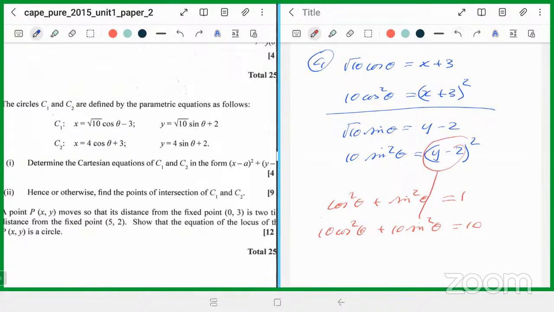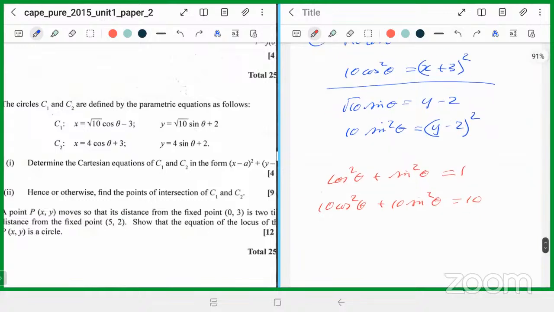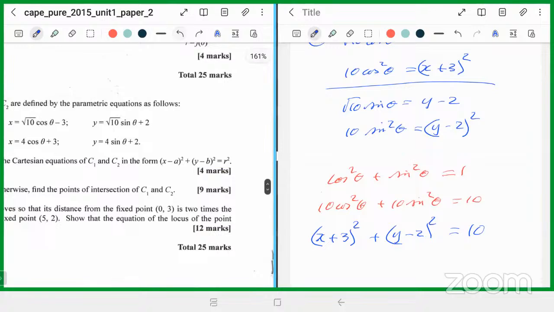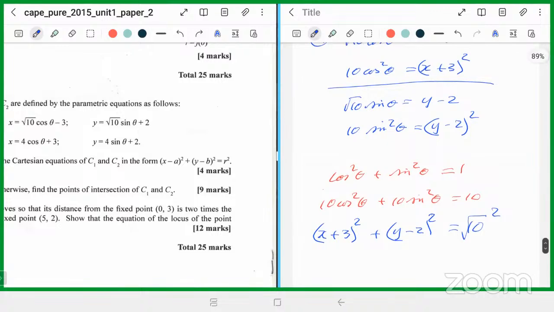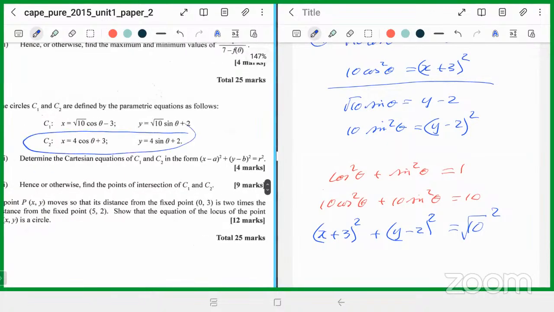And so I will end up getting that x plus 3 squared plus y minus 2 squared is equal to 10. That's it. That's the equation of a circle, and it's in the format. All I need to do is take this 10, square root it, and square it back to get the r squared. And the second equation, circle 2, we're doing a similar thing.